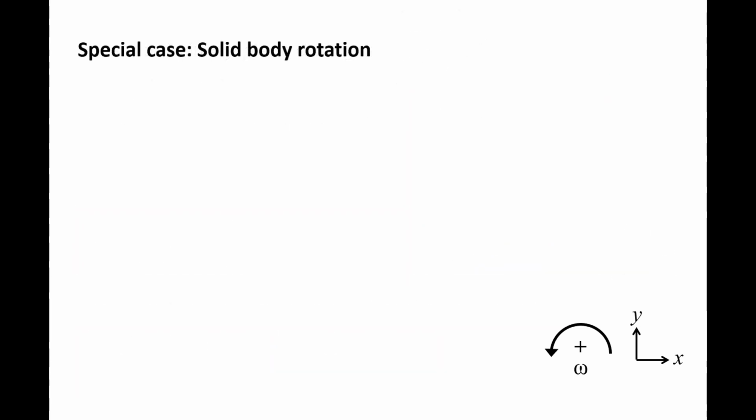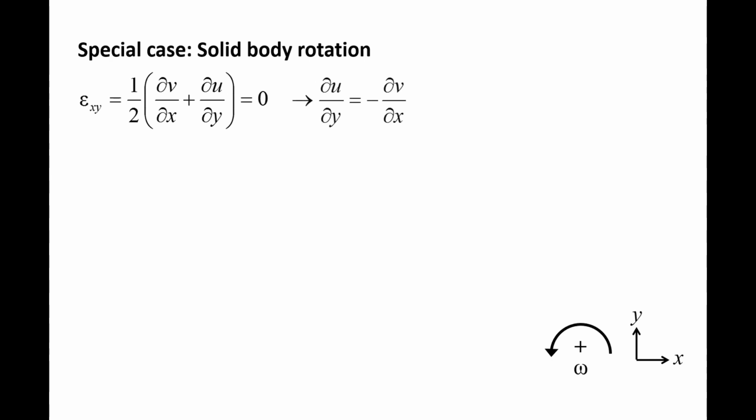If the shear strain rate is equal to 0 in all three planes, we have a special case of solid body rotation. Examining the equation for the shear strain rate in the xy plane, solid body rotation corresponds to a case in which partial u partial y equals negative partial v partial x. This means the magnitude of the velocity gradients are the same, but one velocity gradient is oriented in the positive direction, while the other is oriented in the negative direction.